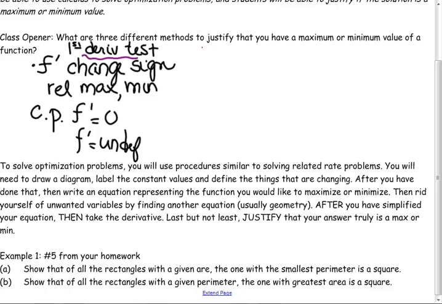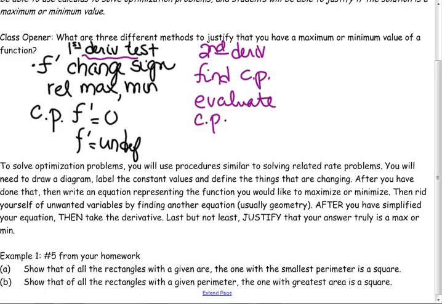What is the second derivative test? Second derivative test says you find your critical points, okay, and you evaluate the critical points in the second derivative.